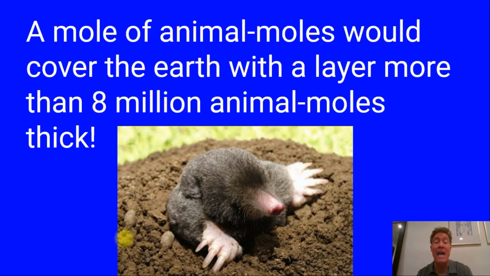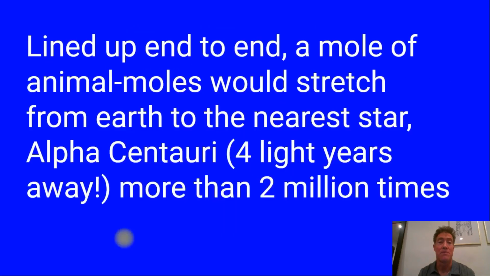Well, a mole of animal moles would cover the earth with a layer more than 8 million animal moles thick. That is a lot of moles. Lined up end to end, a mole of animal moles would stretch from the Earth to the nearest star, Alpha Centauri, which is 4 light years away. That's the distance light can travel in a year, and light travels 186,000 miles per second.